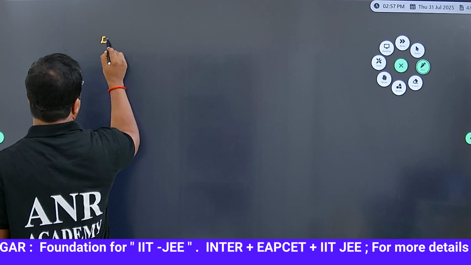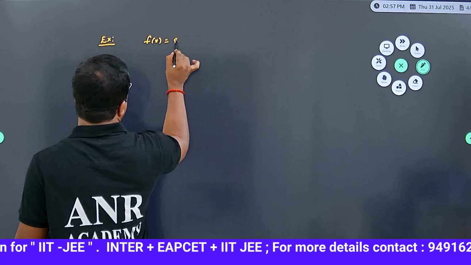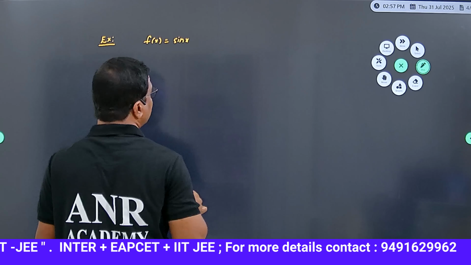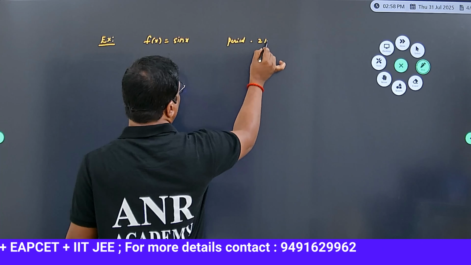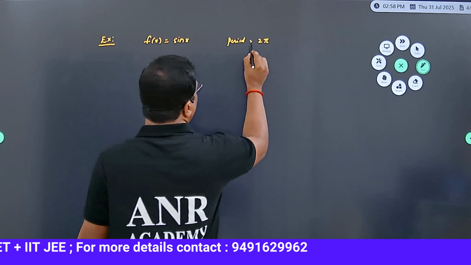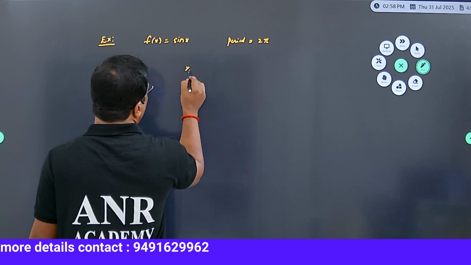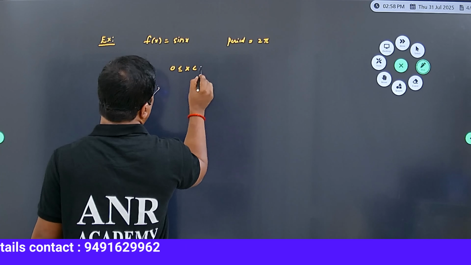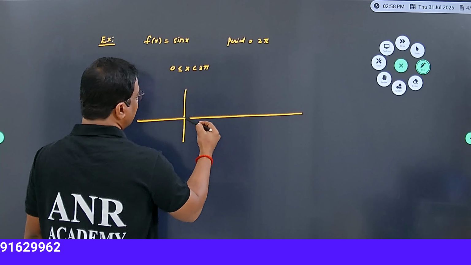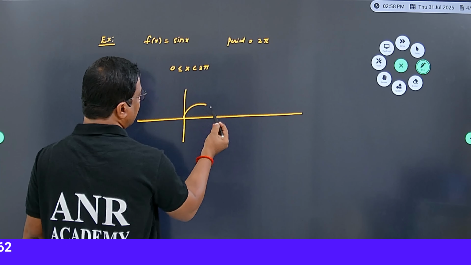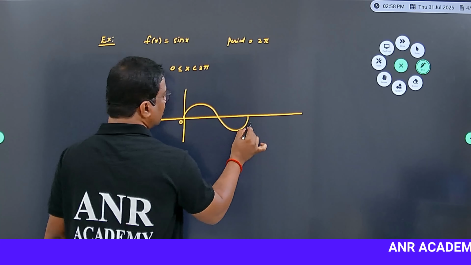Suppose, for example, there is a function f of x equal to sin x. You know that its period is 2 pi. From 0 to 2 pi, if you draw the graph of sin x, then you will get this graph from 0 to 2 pi.